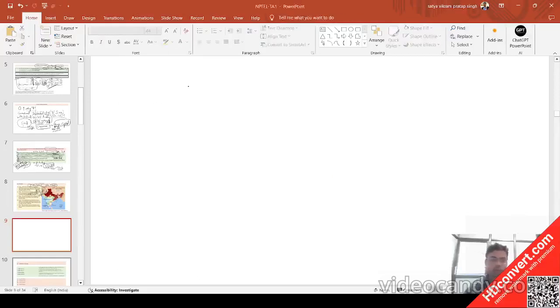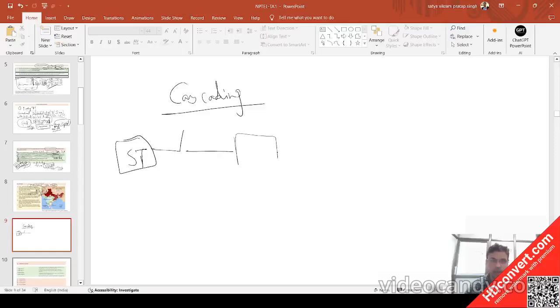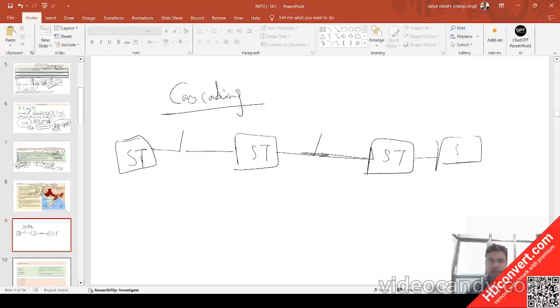What do you mean by the cascading effect? Cascading effect means, suppose there is one substation, and this got tripped, with other substations connected to it. Suppose this is connected to other substations, and those to others.